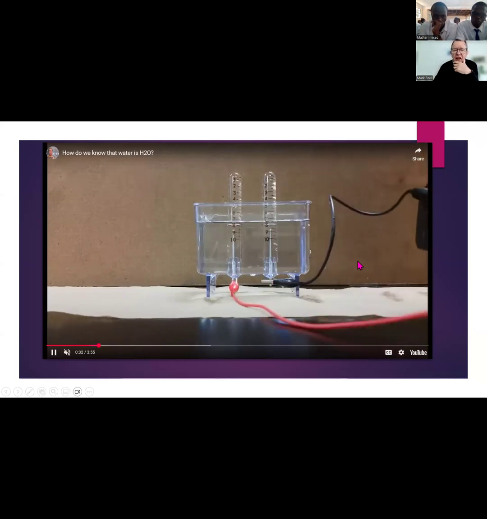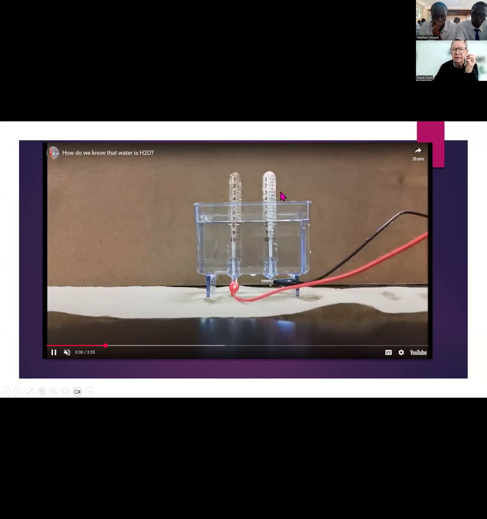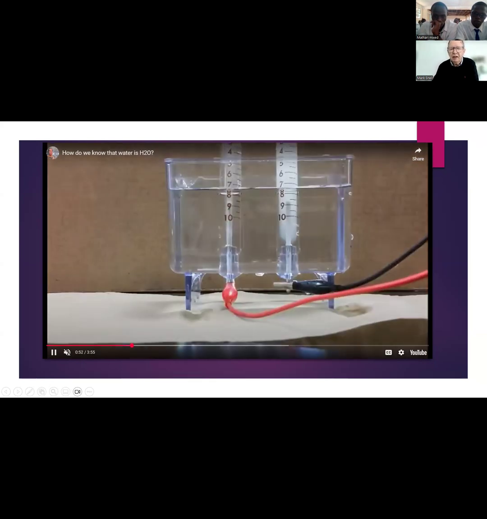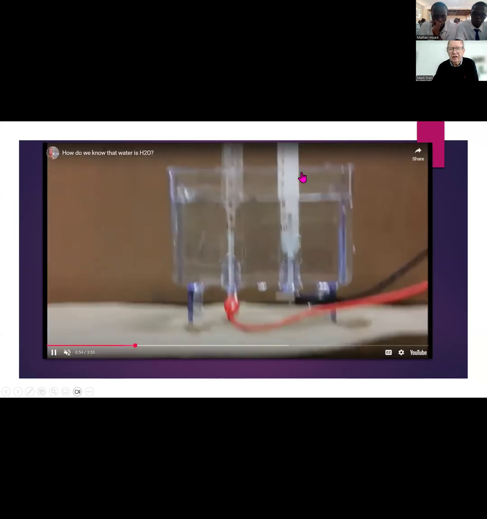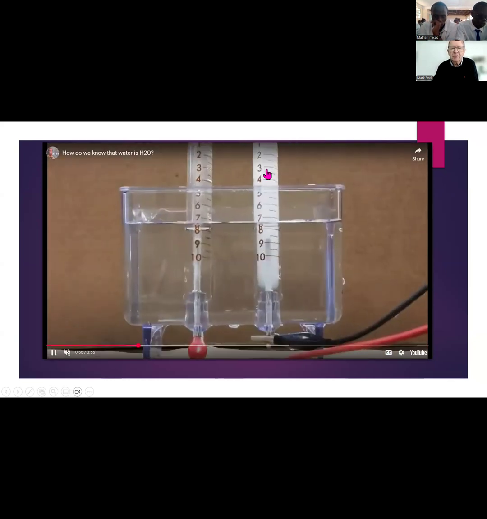The battery sends electricity through, and immediately we see bubbles of gas being produced. Now, it looks like there is more gas in the right-hand tube. The right-hand one is the black one, which is the negative one. Okay, that is negative.